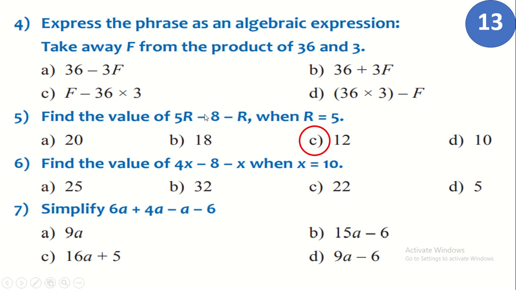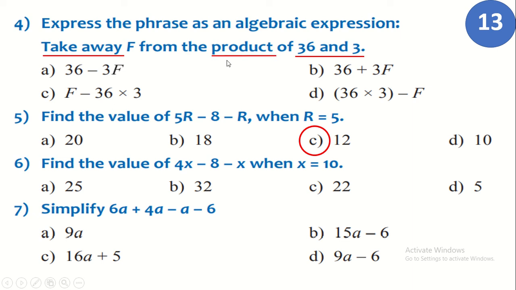Number 4 is express the phrase as an algebraic expression: take away f from the product of 36 and 3. You have here the keyword take away, means subtraction.